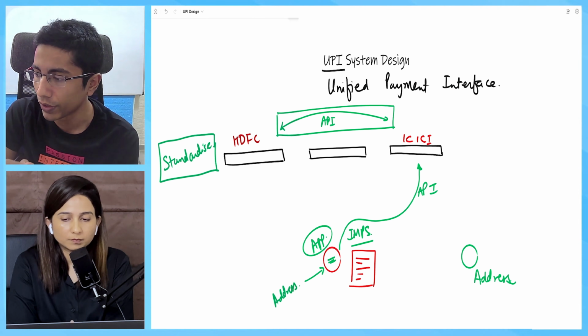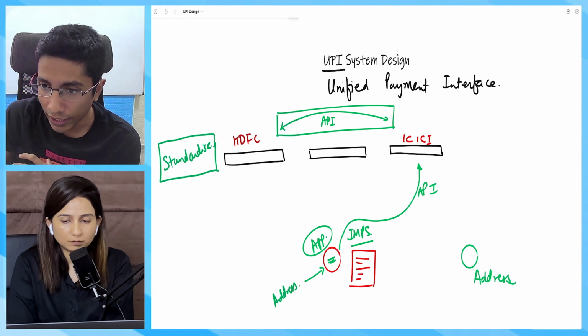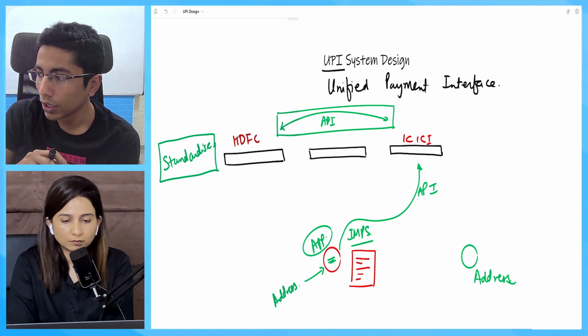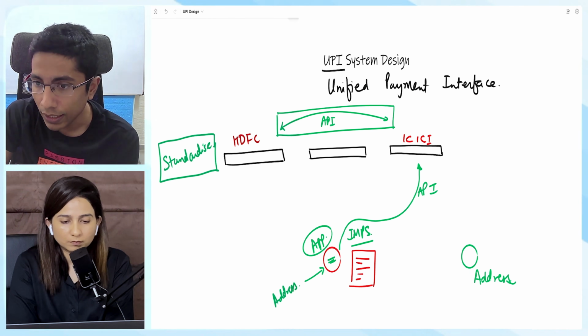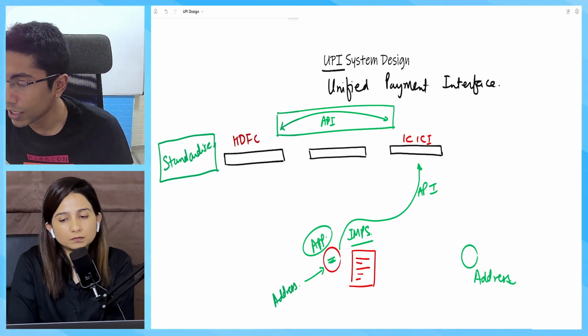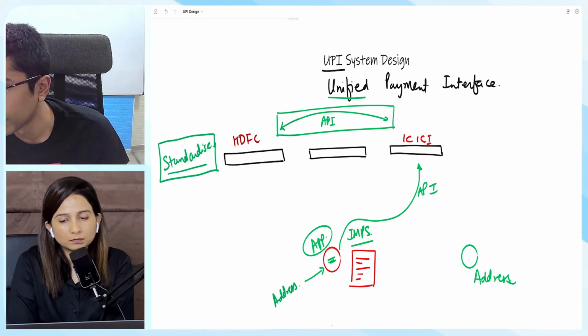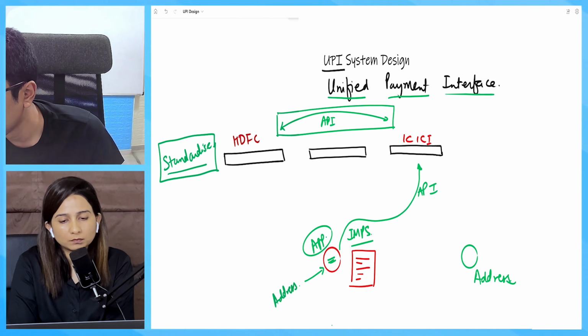Is it an NEFT payment? Which bank does this person belong to? Give me the IFSC code. If they are outside India, then there are more complexities involved. You have to register them as a payee. So instead of all of these complexities, the process has been simplified by standardizing that payment interface, which is called Unified Payment Interface, backed by the government of India.